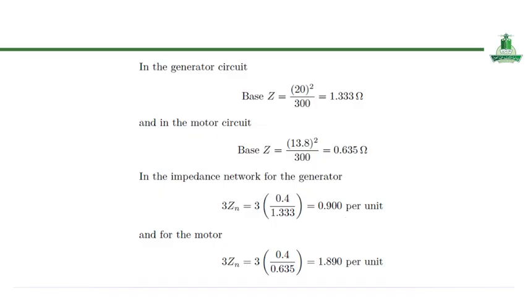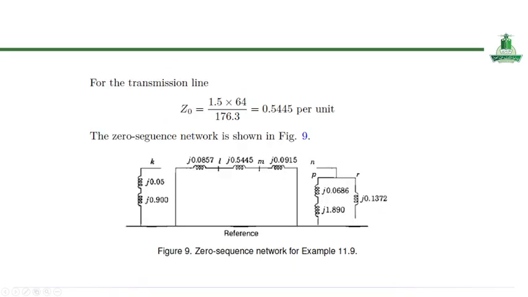In contrast, for the motor, due to the smaller base impedance, the same neutral impedance results in a higher per unit value. You can compare these two values. So overall, this slide highlights the importance of consistent base selection and demonstrates how physical impedances are normalized into per unit values for accurate system analysis, particularly in zero sequence networks.